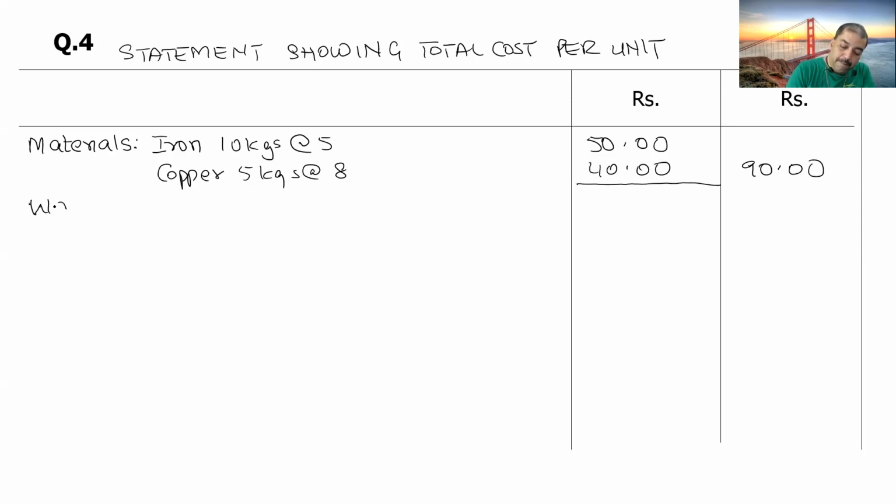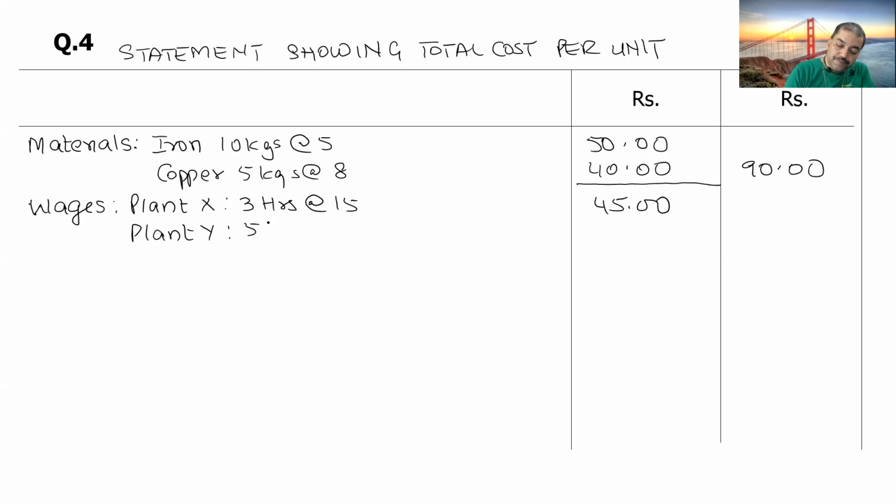Wages. Plant X, 3 hours at 15 rupees per hour, 45 rupees. Plant Y, 5 hours at 12 rupees, 60 rupees. Total 105.